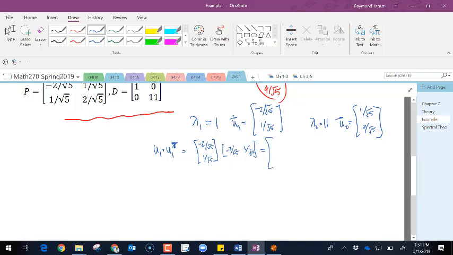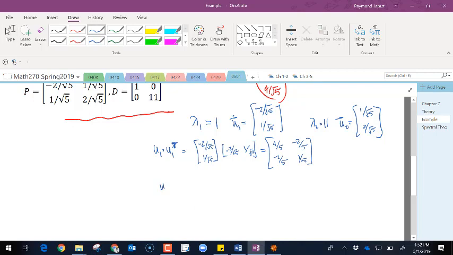How do you do this multiplication? It's row and column, so it's negative 2 times negative 2, that's positive 4. Root 5 times root 5, you multiply the denominators, so that's 5. Negative 2/5, negative 2/5, 1/5.